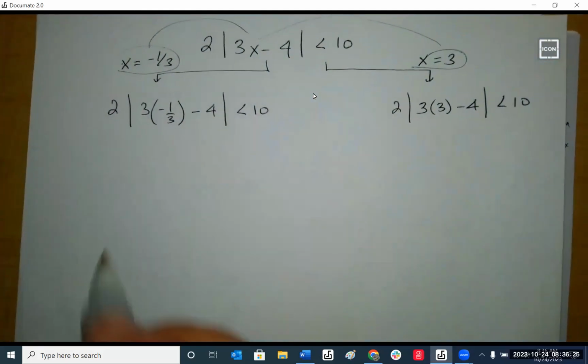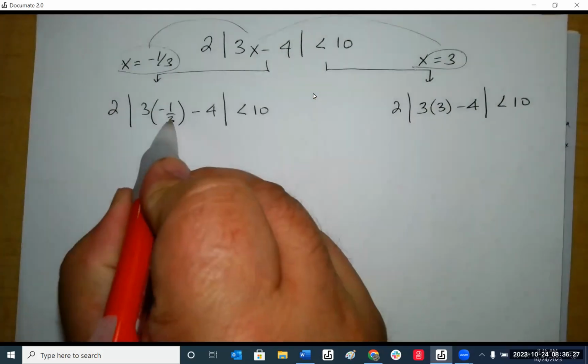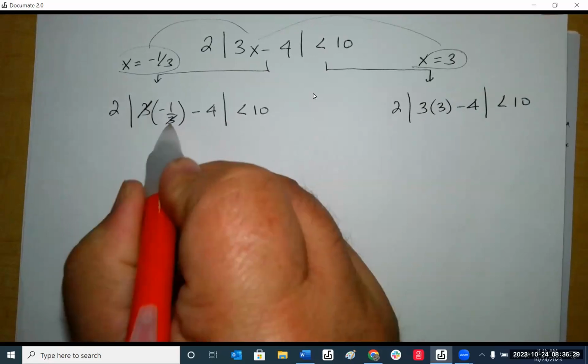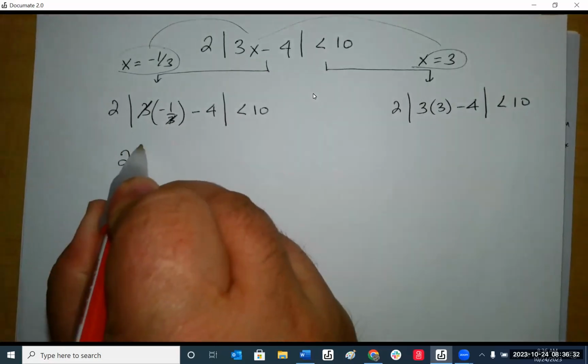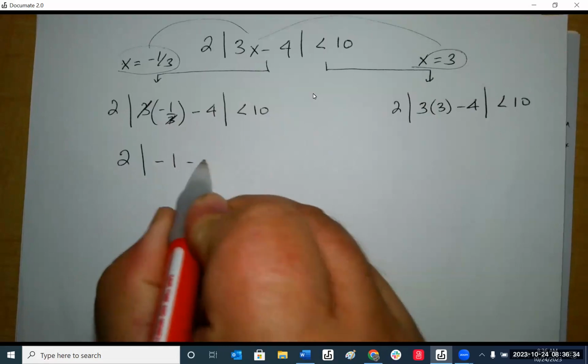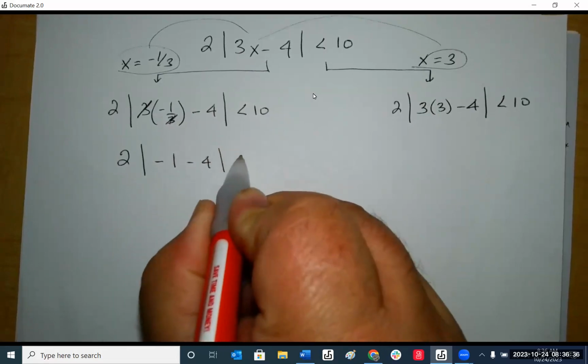On the left side, the 3's cancel. So we have 2, -1 minus 4.